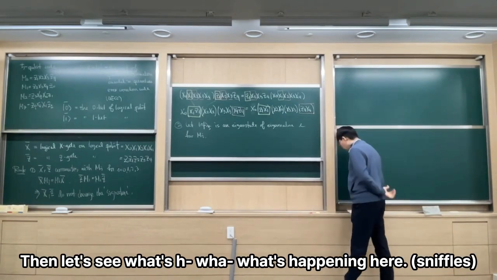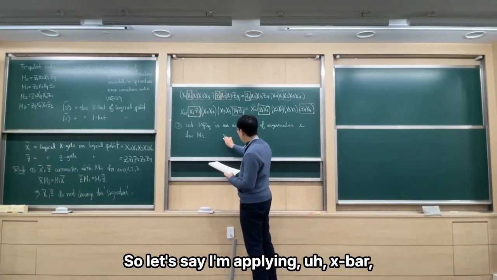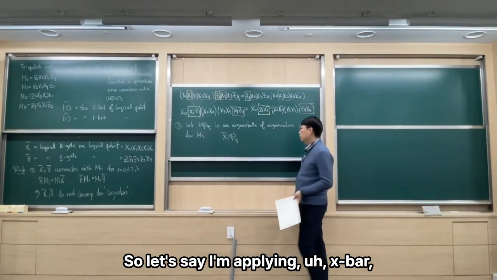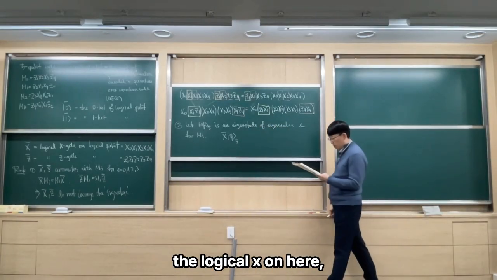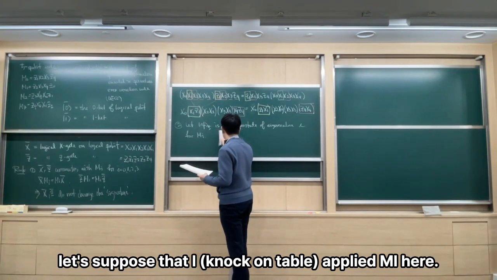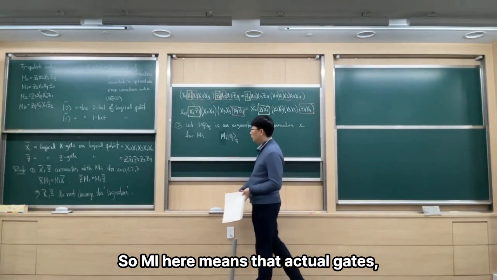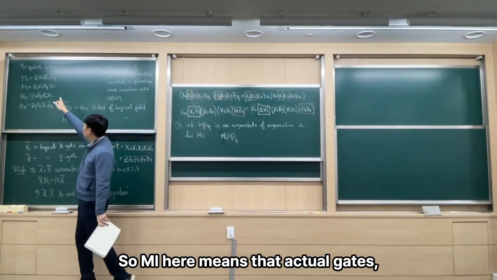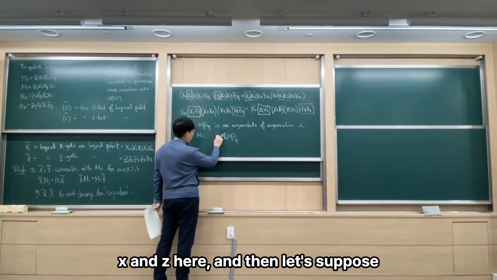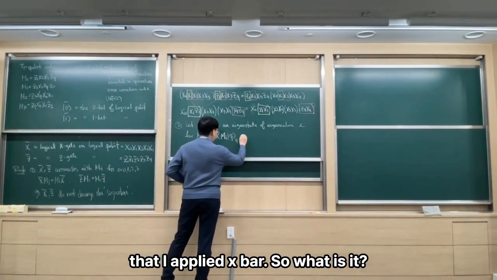And for Mi, let's see what's happening here. Let's say I'm applying x bar, the logical x. Before I do that, let's suppose that I applied Mi here. So Mi here means the actual gates, the collection of gates x and z, and then let's suppose that I applied x bar. So what is it?